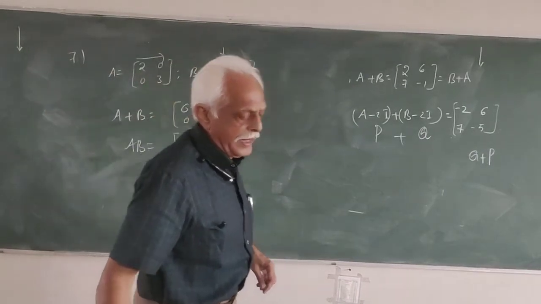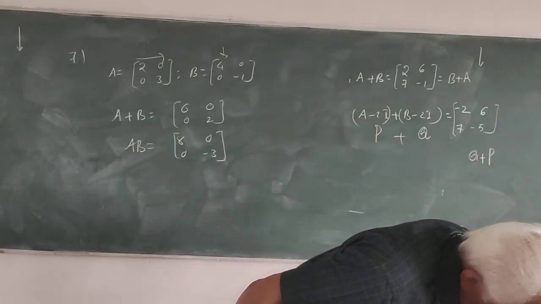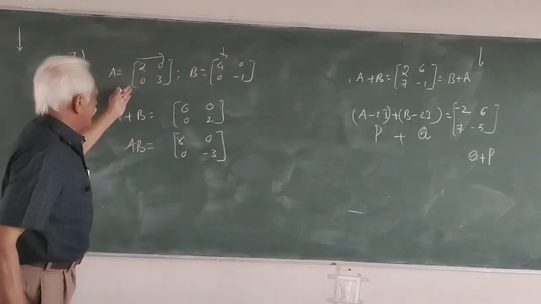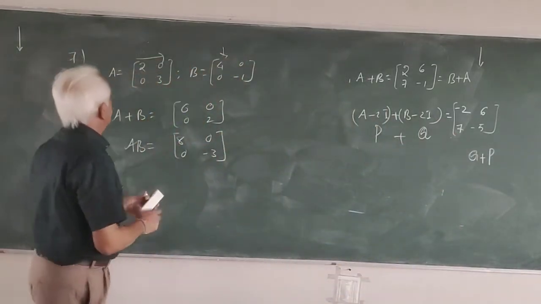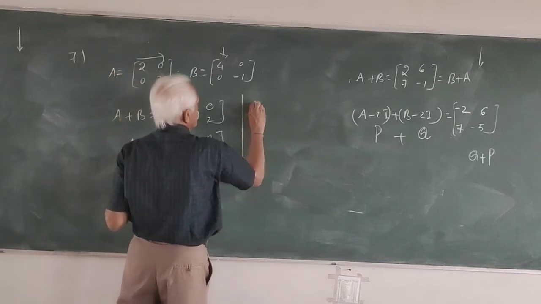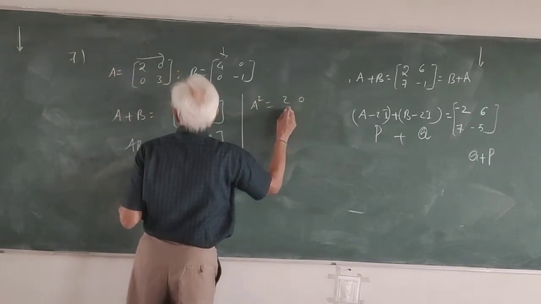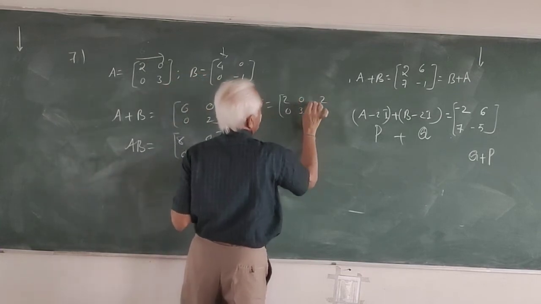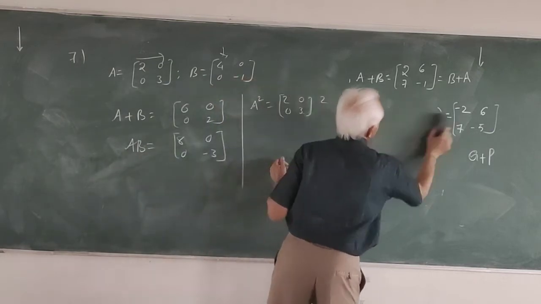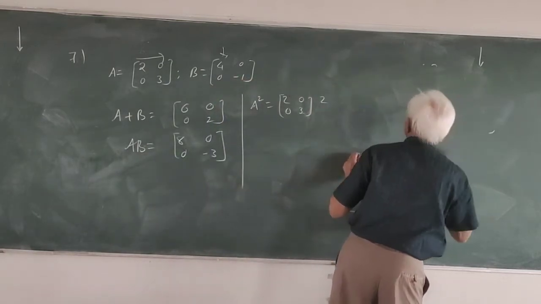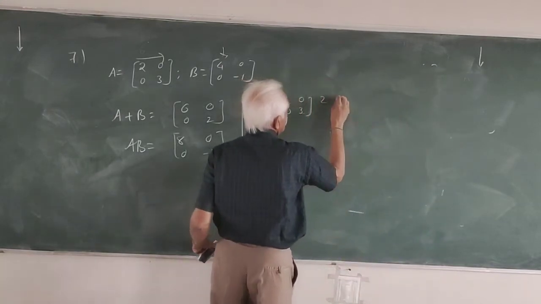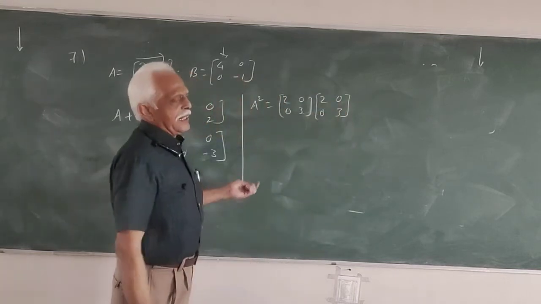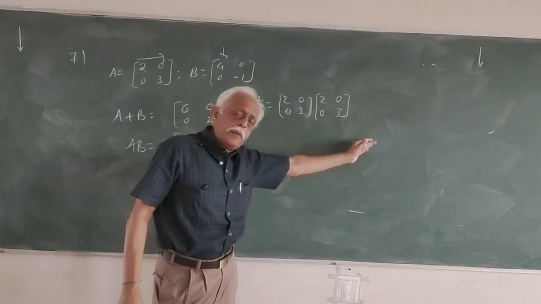And the third one, D1 square plus D2 square. If you square this and this, A square is nothing but a product. The product will be a diagonal matrix.